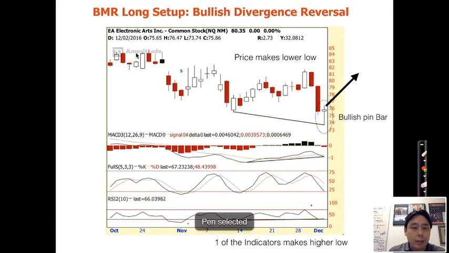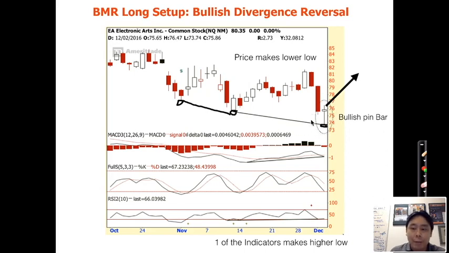So in this case, you can see that this is a swing low, that's a swing low, and that's a swing low. Okay, bullish divergence reversal can only appear at the bottom of a downtrend or at a swing low. Okay, so what we do is we connect the swing lows. For example, you can connect this swing low to this swing low, this swing low to this swing low.